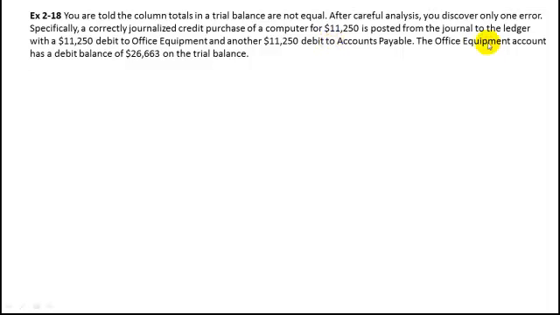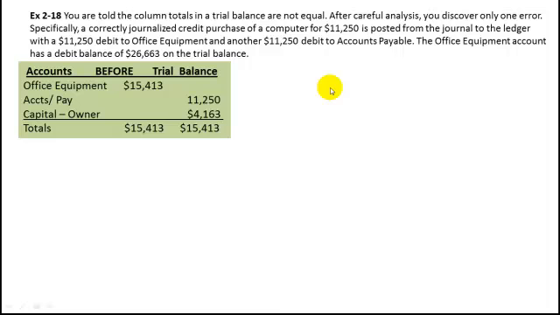The office equipment account has a debit balance of $26,663 on the trial balance, which means that number, $26,663, includes this last purchase of $11,250. So here's a trial balance that I've put some numbers on just to make this a more concrete example.